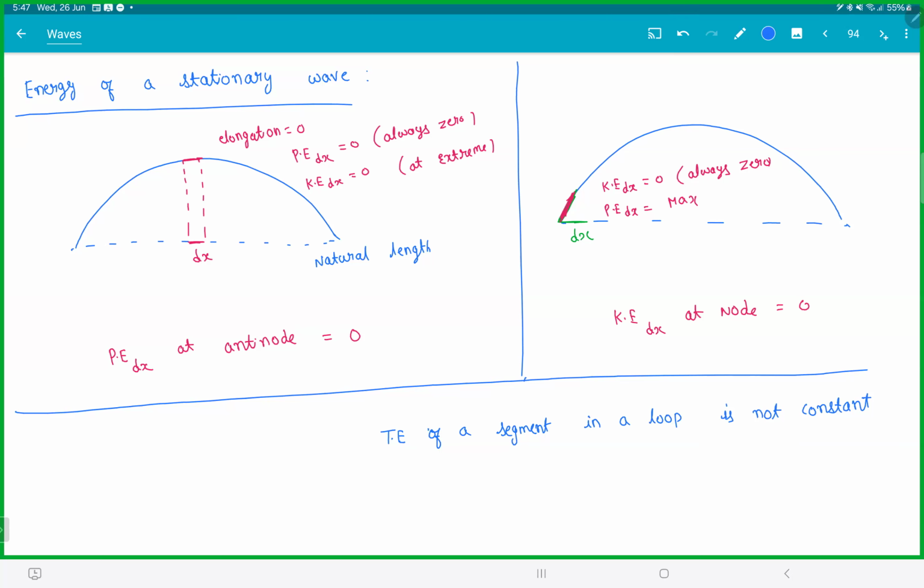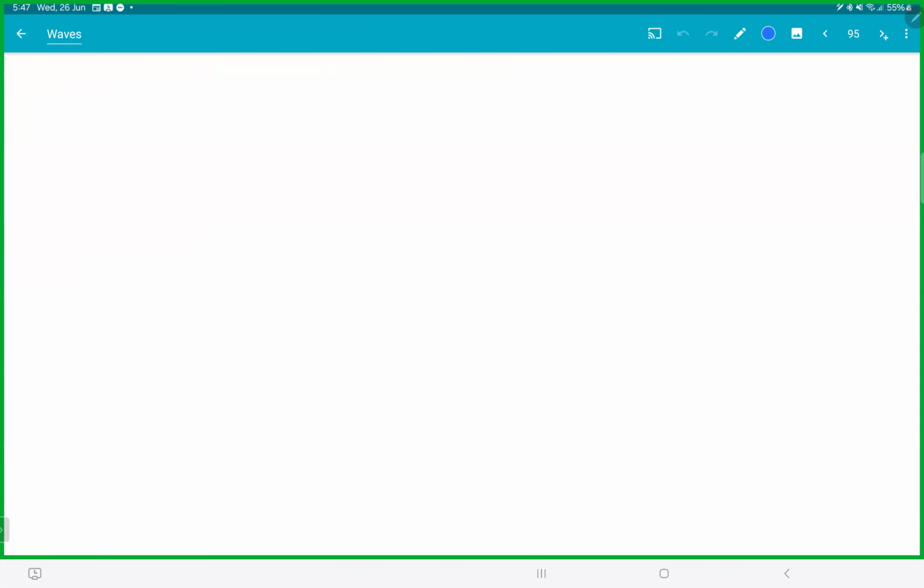Now turn the page. So when this loop is there, these are your nodes. This is the node. When the string is in the extreme position, this is what you'll notice.